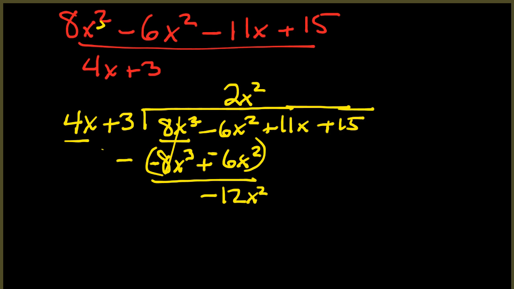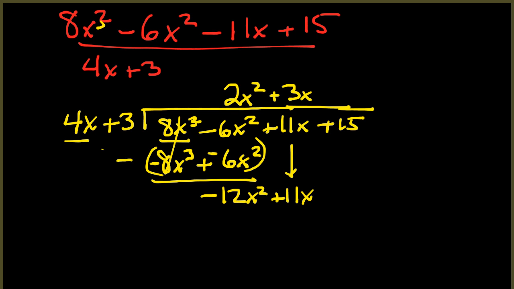Now what I'm going to do is bring down my next term, plus 11x, and to get 4x to equal negative 12x squared, I'm going to have to multiply it by 3x.